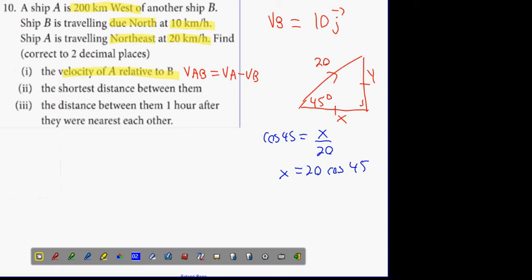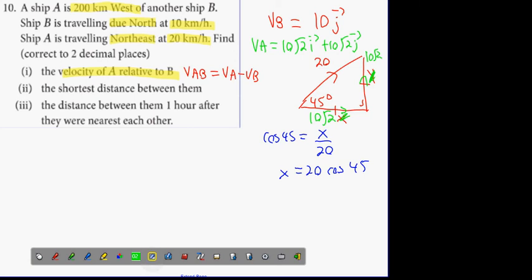So what we're going to get here, guys, is 10 root 2 and 10 root 2 here. So what does that tell us about the velocity of A, lads? 10 root 2 I plus 10 root 2 J. Okay? That's it so far.